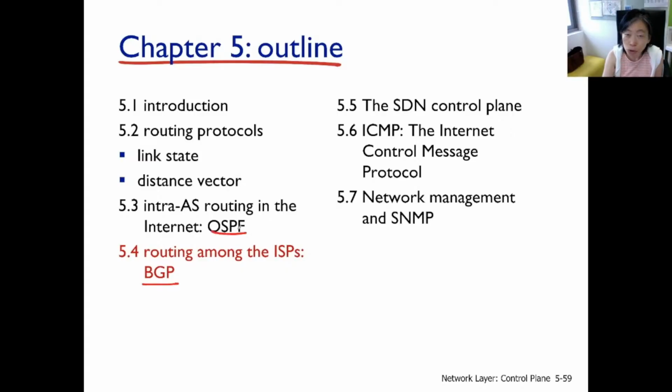OSPF, RIP, EIGRP, those are the intra-AS routing protocols. Those run on the regular routers within an AS. Now, a network admin gets to choose one intra-AS routing protocol versus another, as long as all the routers within the AS run the same routing protocol.